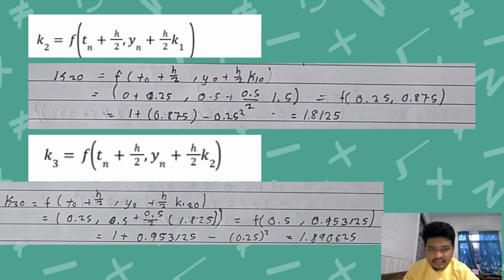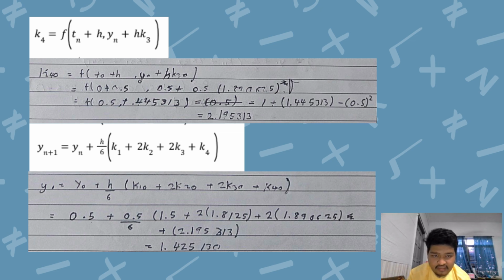Then we calculate k30 and the value obtained is 1.890625. After that, we calculate k40 at t equals 0.5 and the value is 2.195325. Finally, we substitute all the k values into the Runge-Kutta formula. For the calculation, the approximate value of y1 at 0.5 is 1.42513.